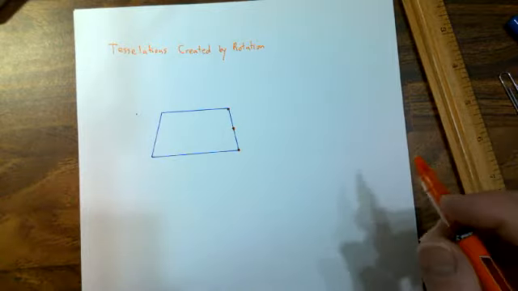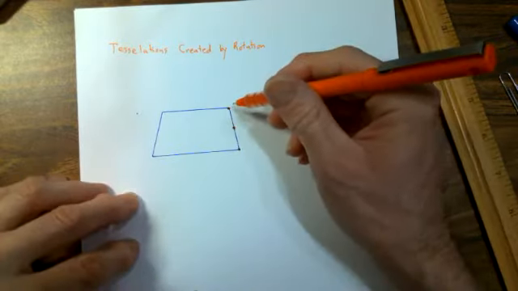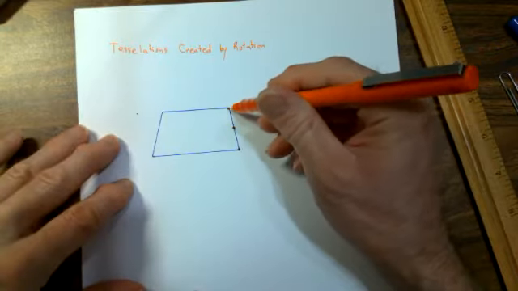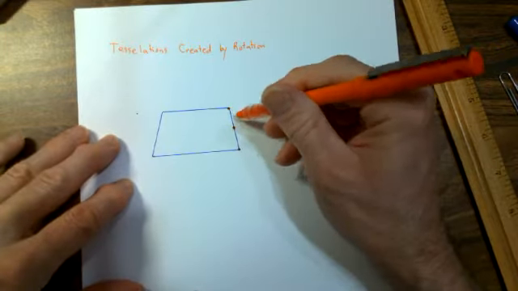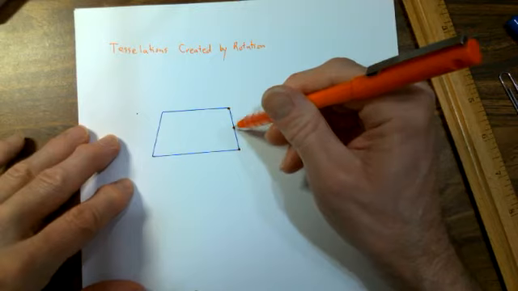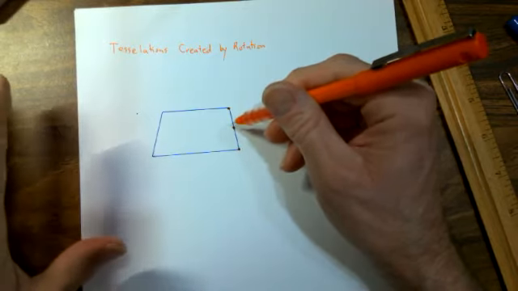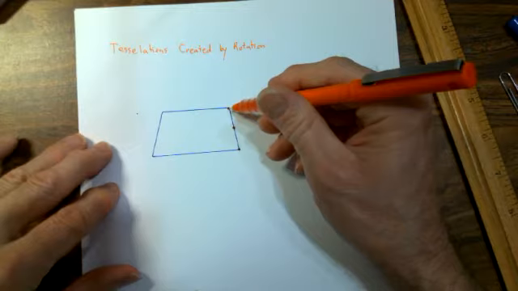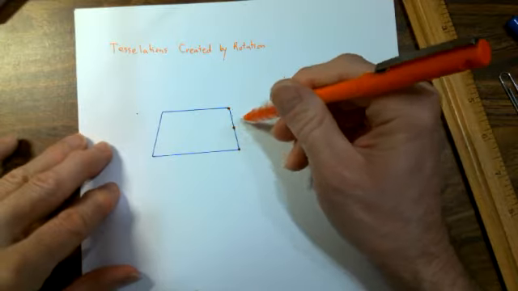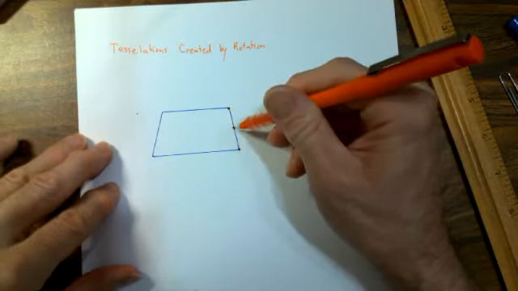Now, what I'm going to do is draw a design, basically anything I want, that connects one vertex to the midpoint on this side. It can truly be anything I want. It can be something that goes inside the quadrilateral and back out.